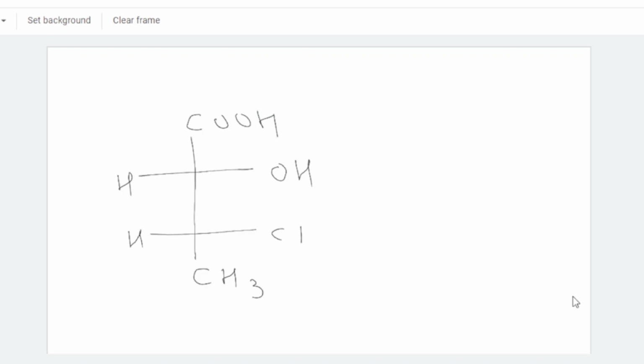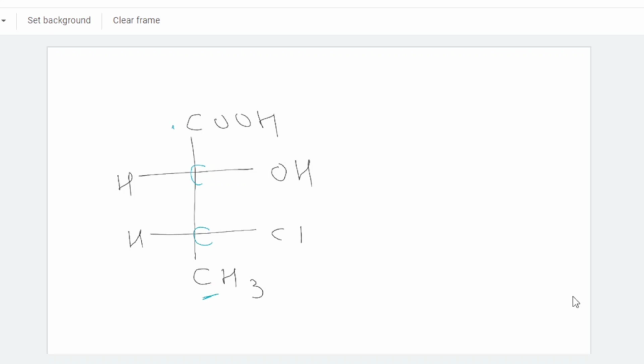For this, you must remember the concept of RS nomenclature. But first of all, we should identify the chiral carbons. Here this is C1, this is C2, and this is C3 and C4.